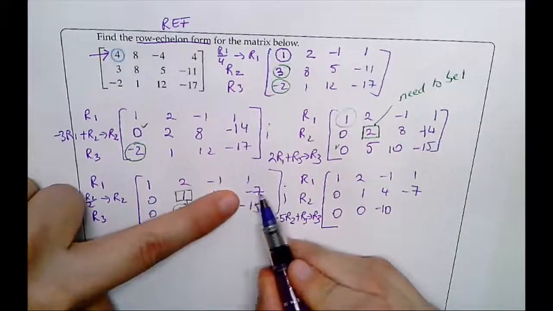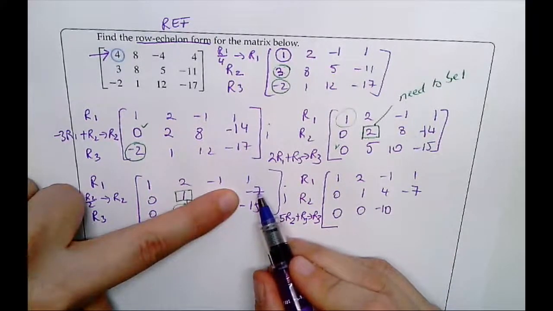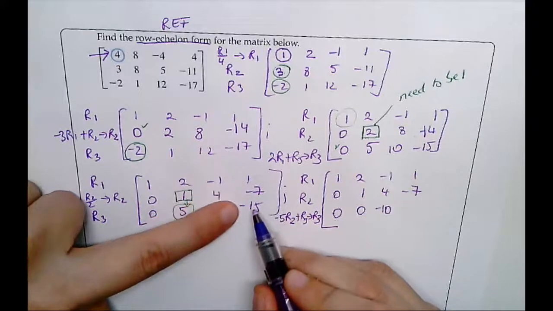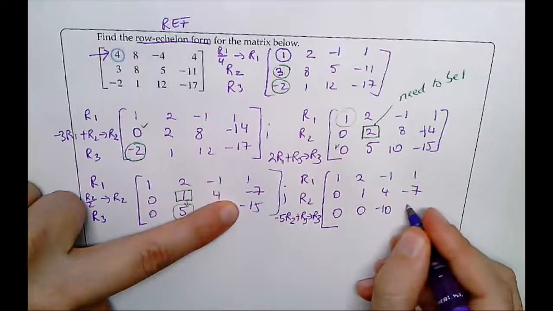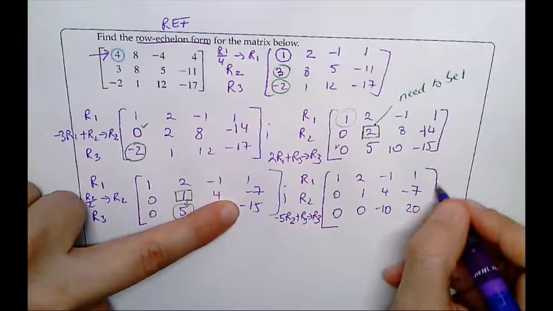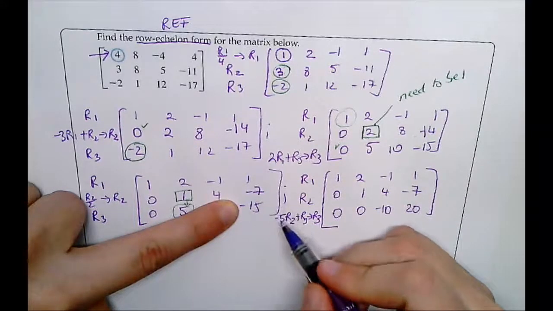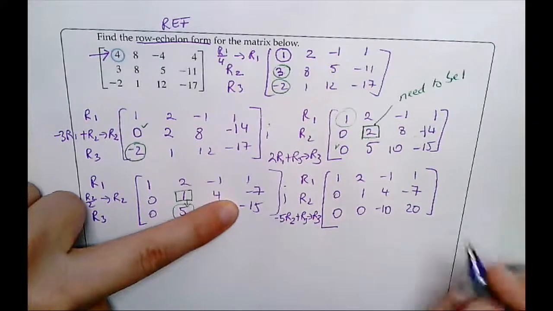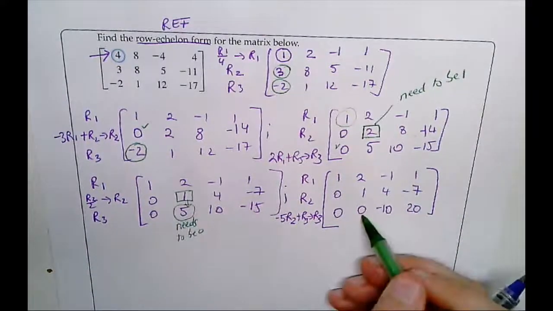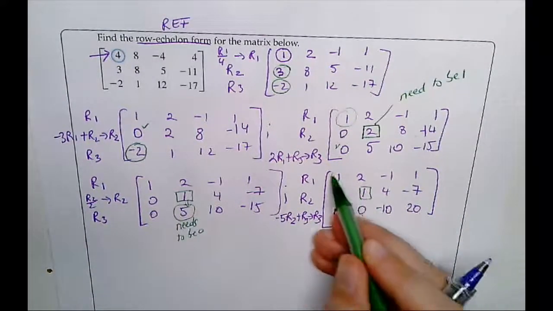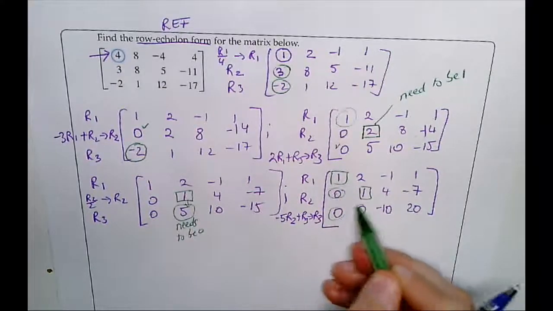And then negative 5 times negative 7, that's positive 35 minus 15, 20. So there you go, this is a 0. So I have leading entry 1 with zeros below it.